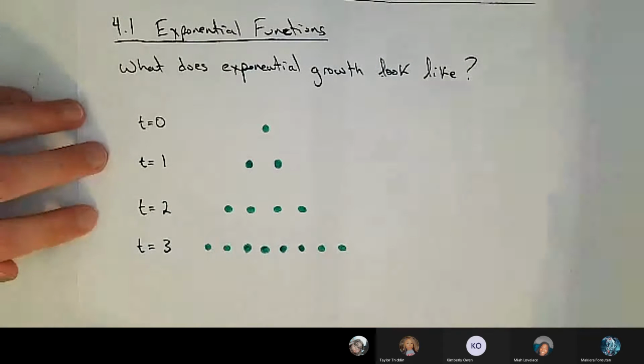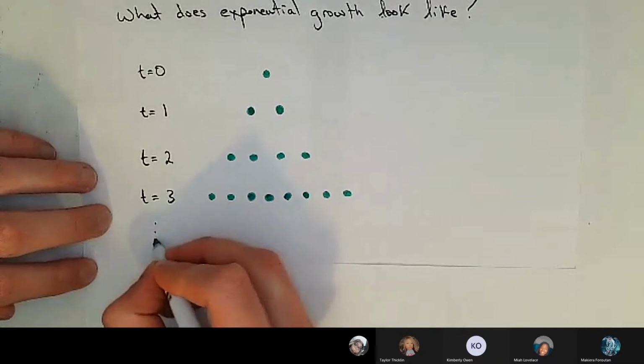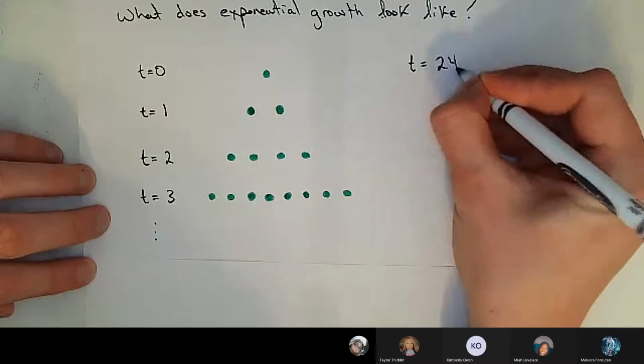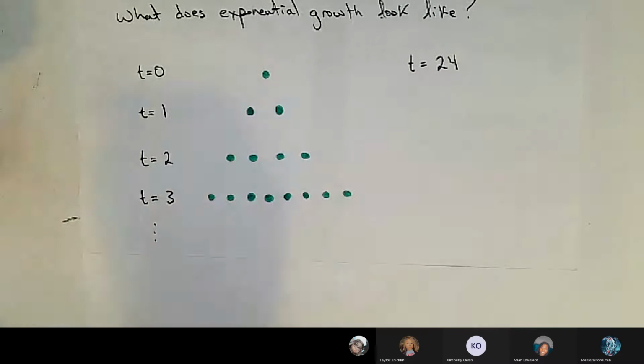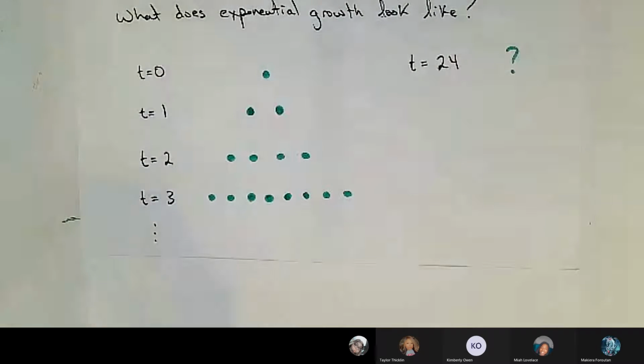So what if I pose the question and I say, let's say dot, dot, dot, and then over here, let's say after a whole day, 24 hours, how many green dots will there be?